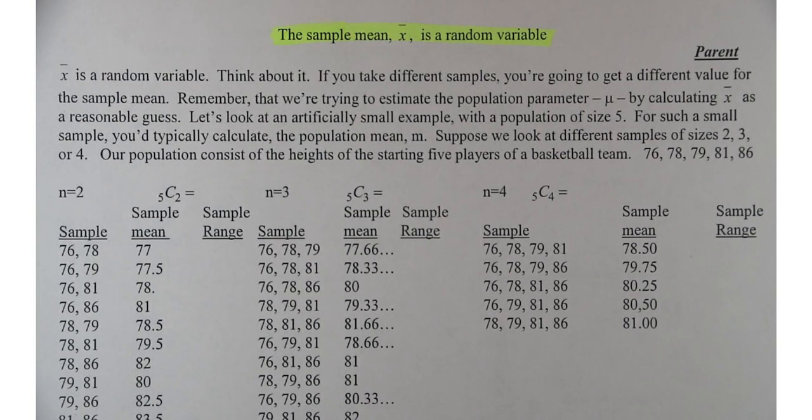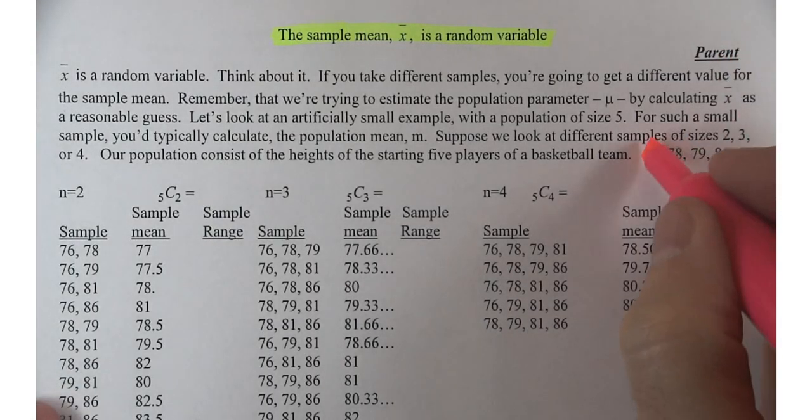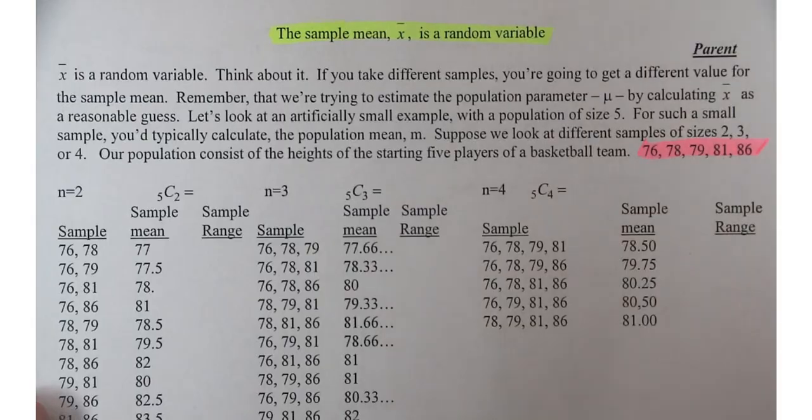Now let's explain that a little bit, because maybe that doesn't make complete sense right now. Let's take a look at the heights of a pro basketball team, just really hypothetical, just the starting 5. So these 5 down here. And it's probably not that hard of a stretch to calculate their average height.